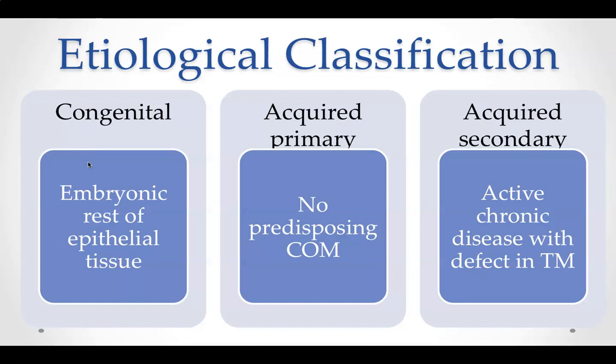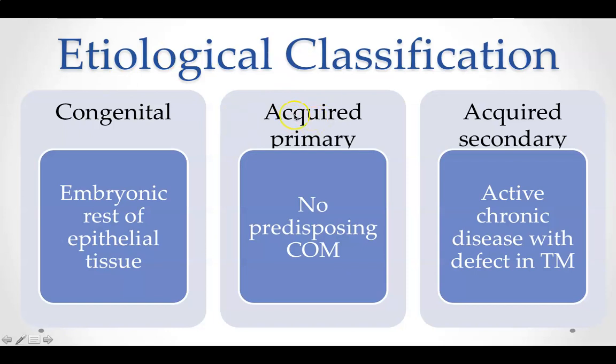The embryonic rest theory says that there are some epithelial tissues which during development are there in the middle ear, and that forms cholesteatoma. But in congenital cholesteatoma, the tympanic membrane is intact, there is no predisposing infection, nothing like that. This is due to some developmental problem.